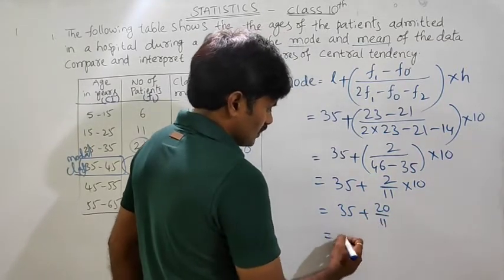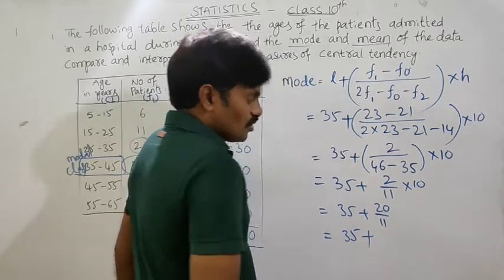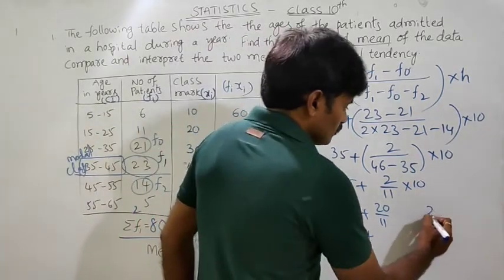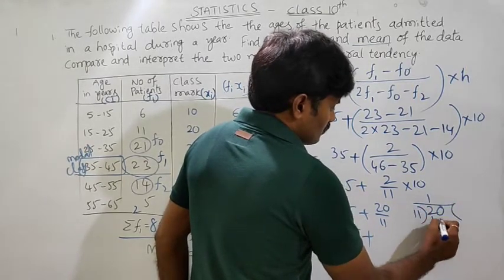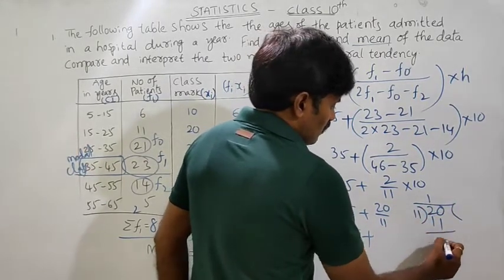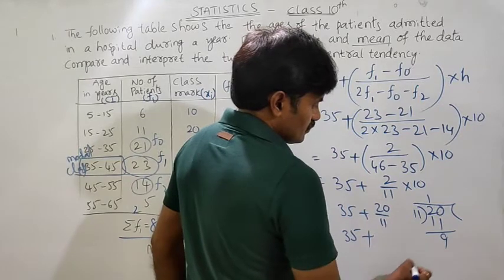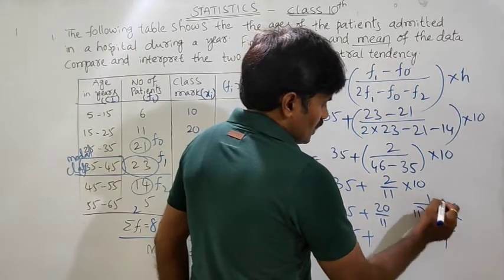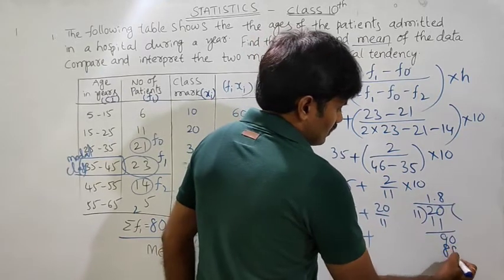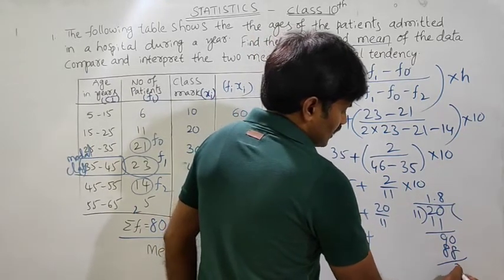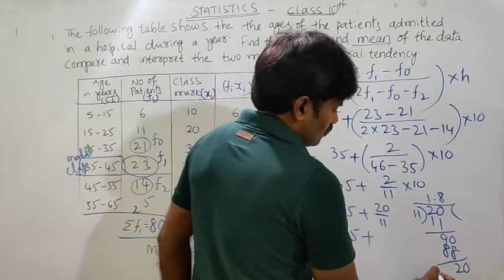If we simplify, how much do we get? 35 plus 20 by 11. 11 ones are 11, difference is 9. Not possible, so keep the decimal point and write 0. 11 8s are 88, subtraction 2, keep 0.